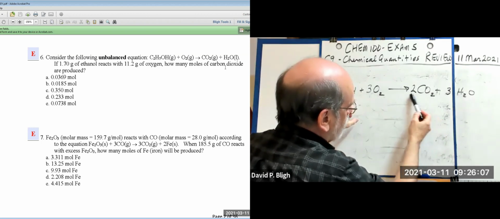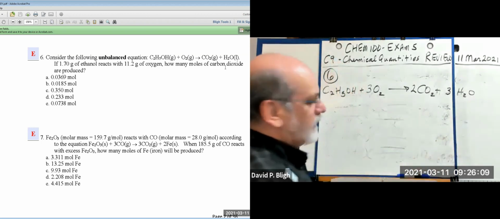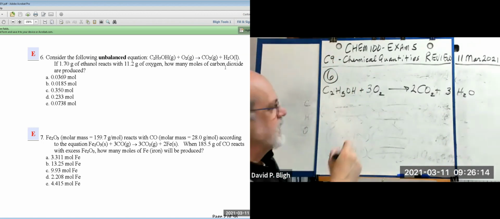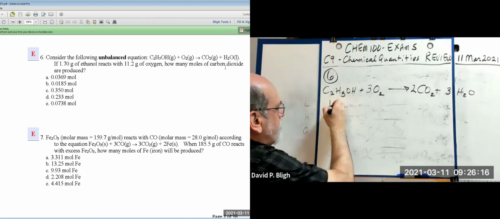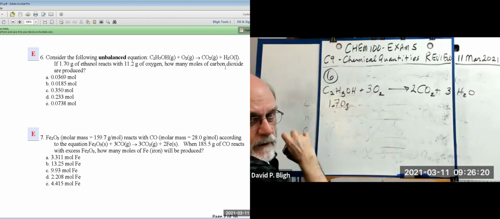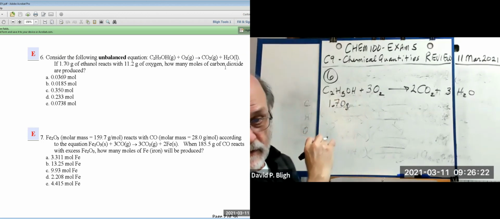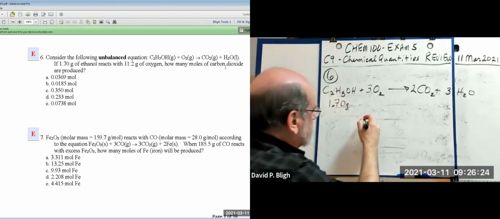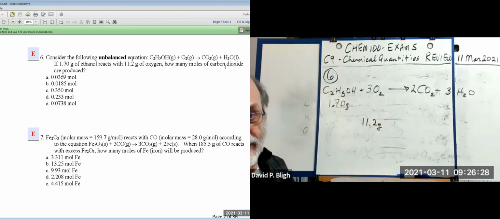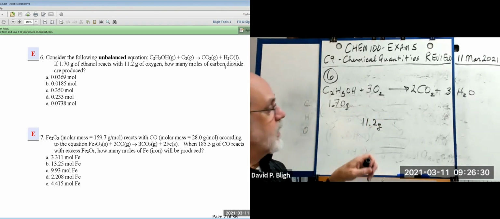So we have 4 oxygens and 3 is 7. So we are balanced. Now what are we given? 1.7 grams of ethanol and 11.2 grams of oxygen. The question is, how many moles of carbon dioxide are produced?